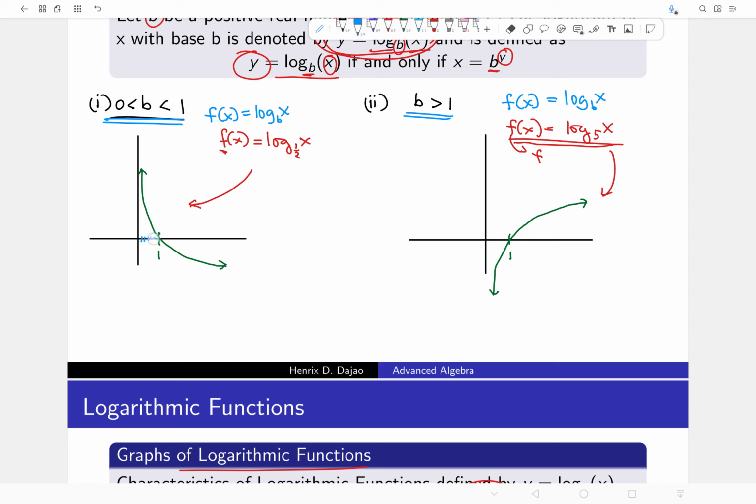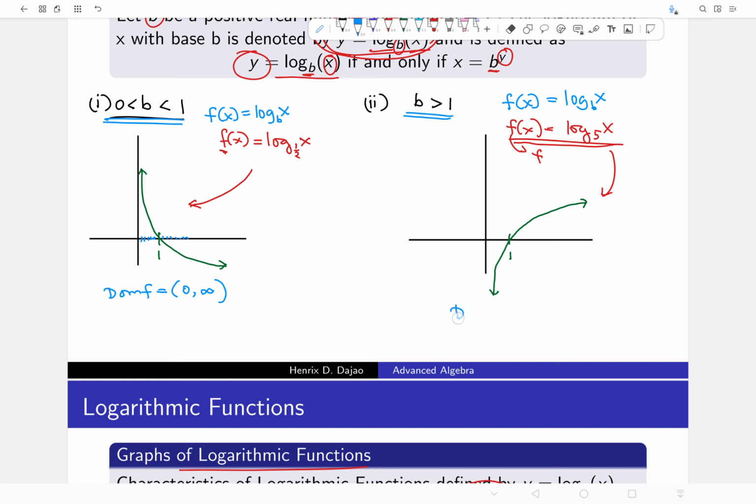You collect all these x's here, so the domain of our f is the set of all positive real numbers. Same with this.